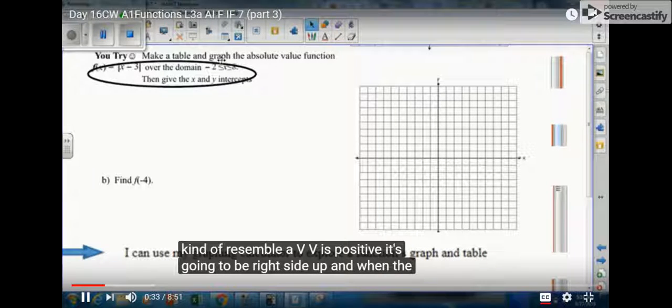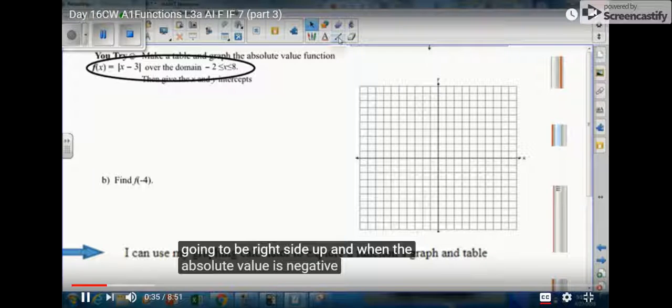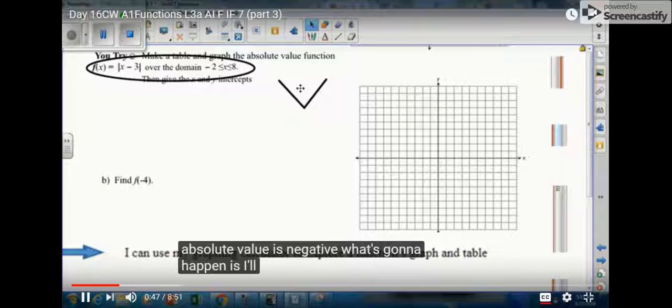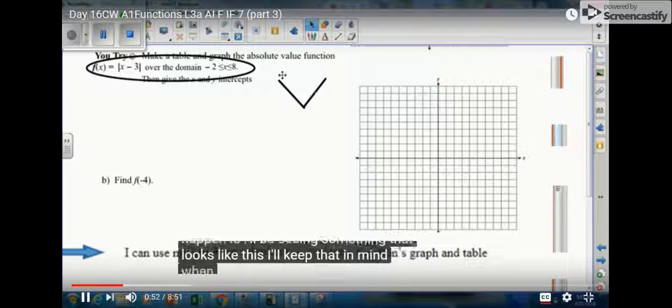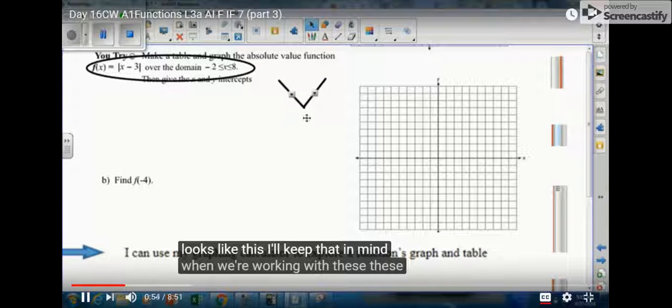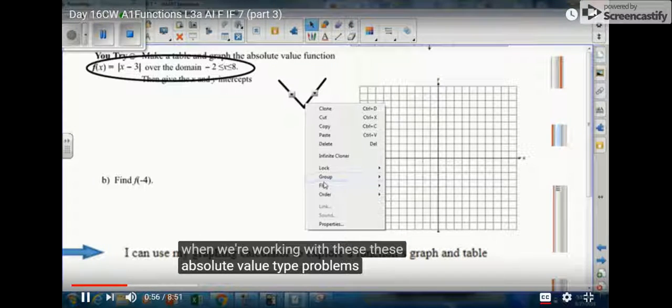And when the absolute value is negative, what's going to happen is that I'll be seeing something that looks like this. So keep that in mind when we're working with these absolute value type problems.